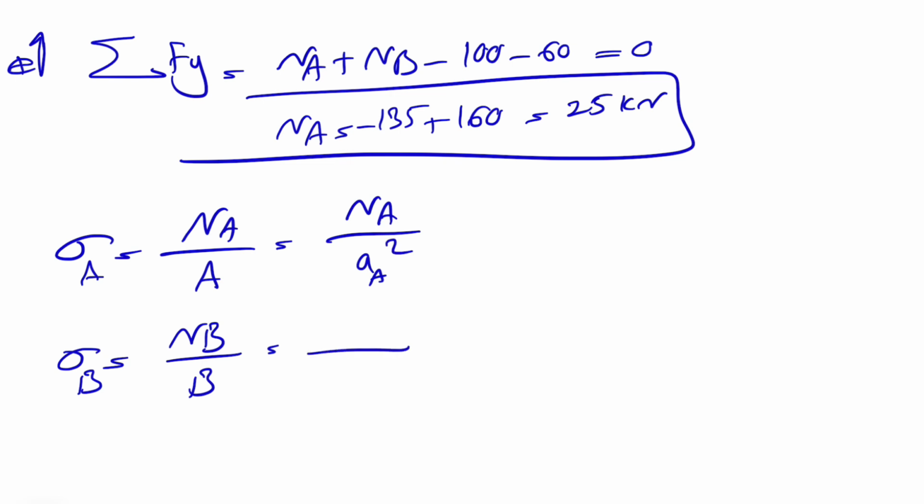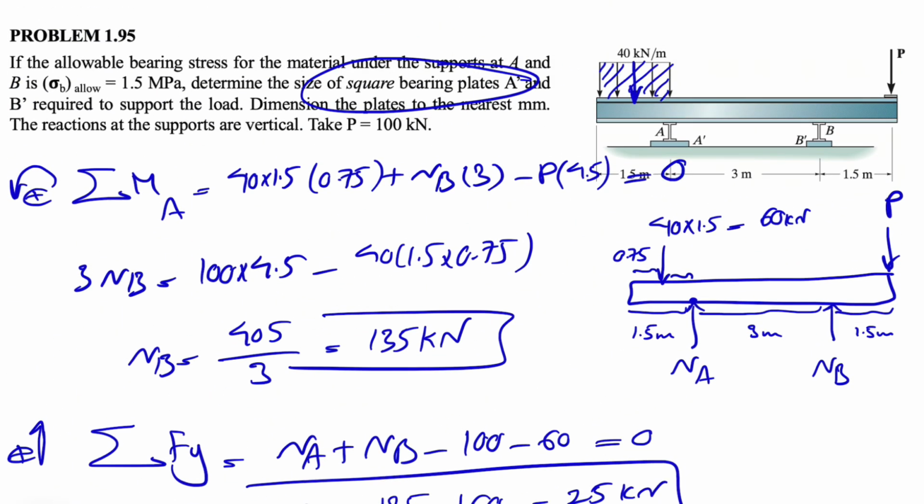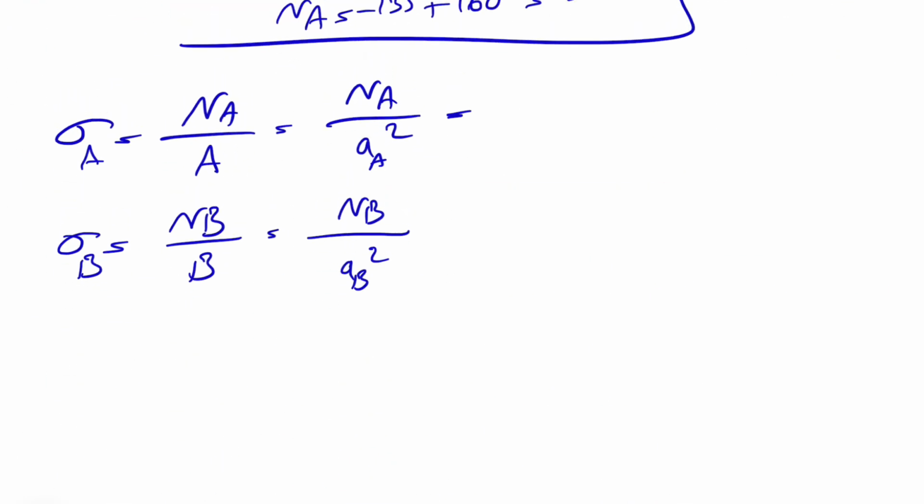For the area of a square, we have the side to the power of 2, and for B, the same thing, a_B to the power of 2. This cannot exceed the allowable stress in this question, which is 1.5 megapascal, or 1.5 times 10 to the 6 Pascal, and we have the same scenario in here.